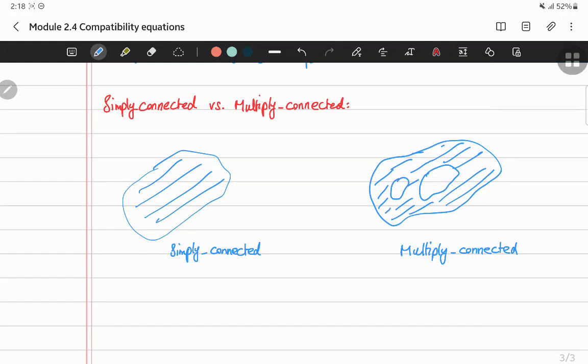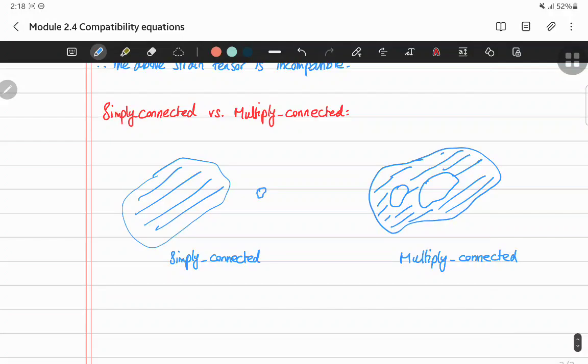These are the holes in here. Or in other words, if you have a simply connected domain and you can shrink it to a point which also lies within that domain, we call this a simply connected domain.